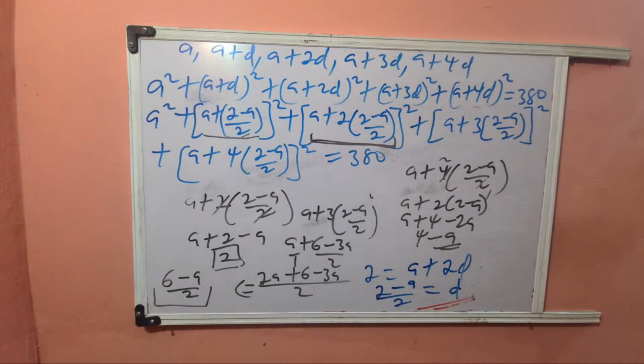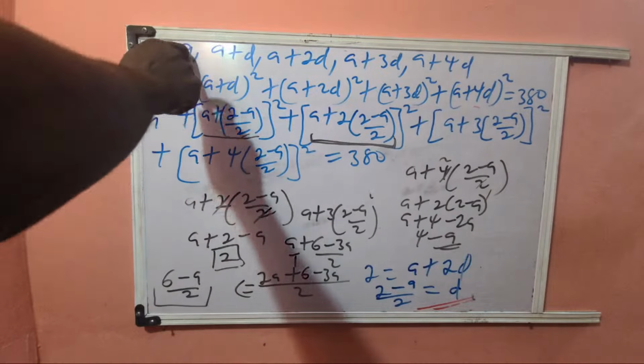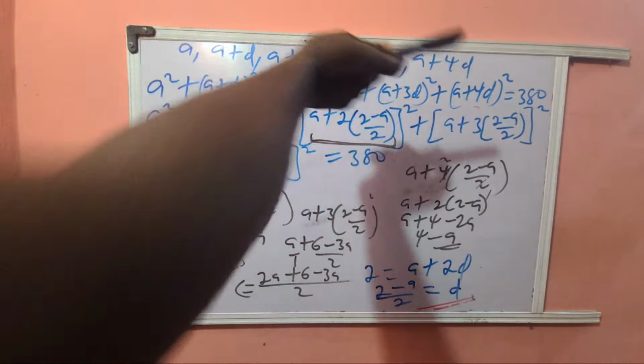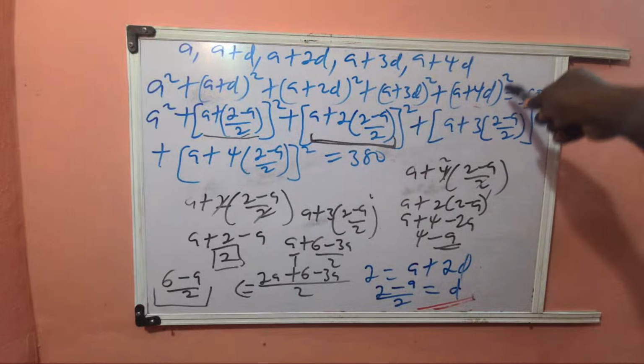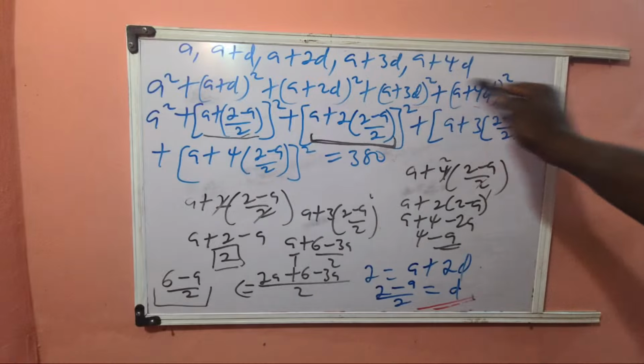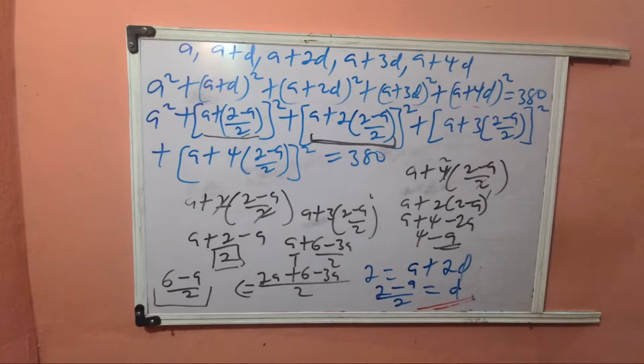Then we were told that the sum of the squares of these terms is 380. So we went on to say, okay, let's try and square all of this. So we squared them: a square plus a plus d square plus a plus 2d square and up till a plus 4d square. After doing that, we got what we had here. But we had already used the very first argument.